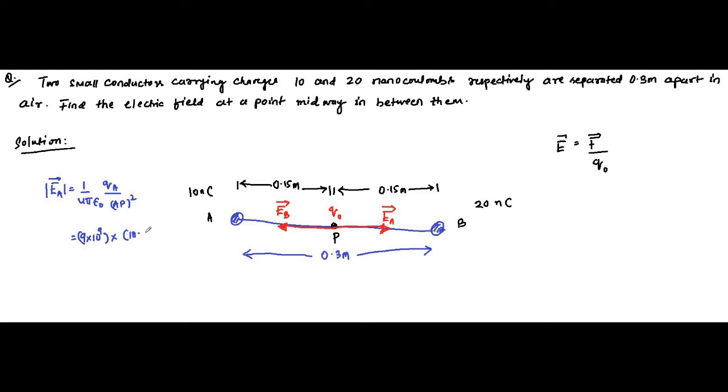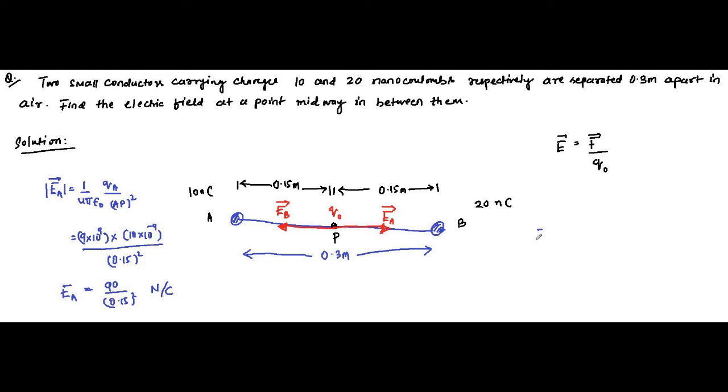QA is 10 into 10 to the power minus 9 coulomb, 10 nanocoulomb, by AP square, which is equal to 0.15 whole square. So 10 to the power 9 and 10 to the power minus 9 will get cancelled, it will be 90 by 0.15 whole square Newton per coulomb. Let's keep it in this format. The EA value, let's keep it in this form, it will come in handy.